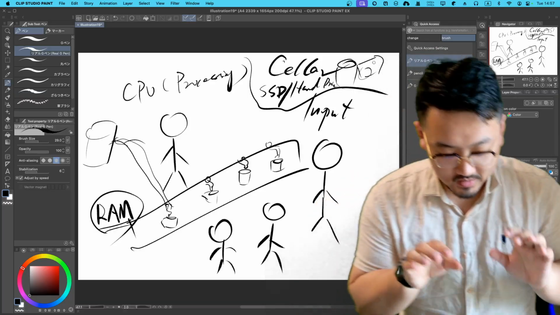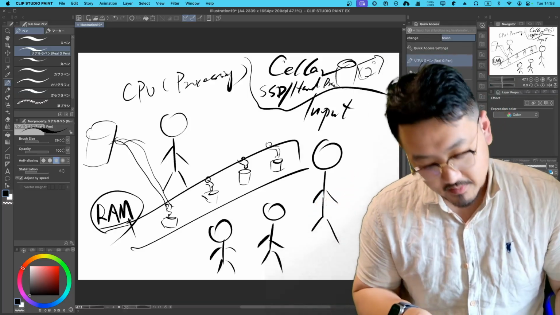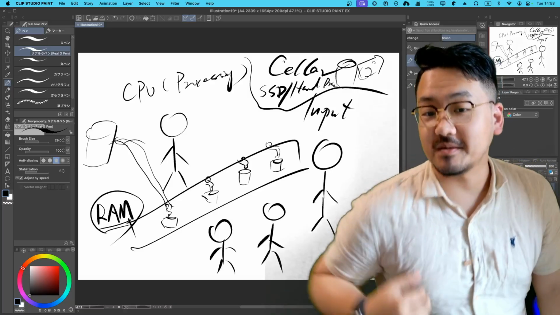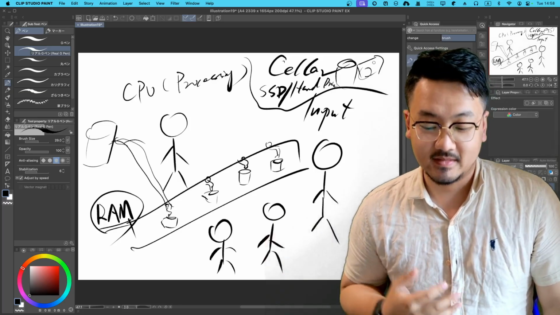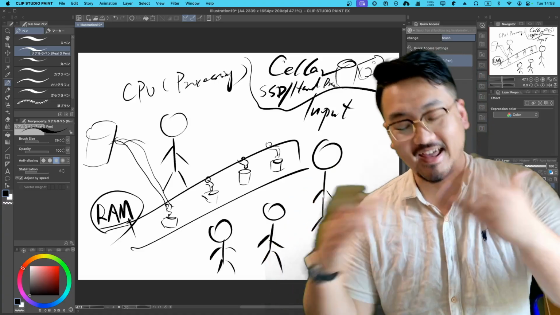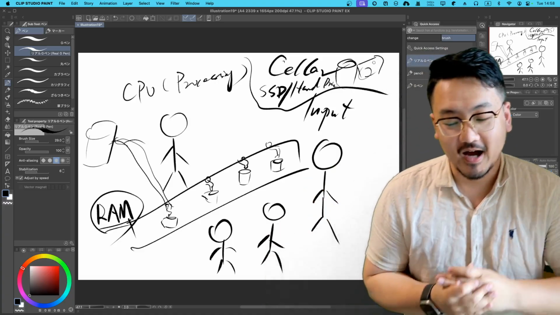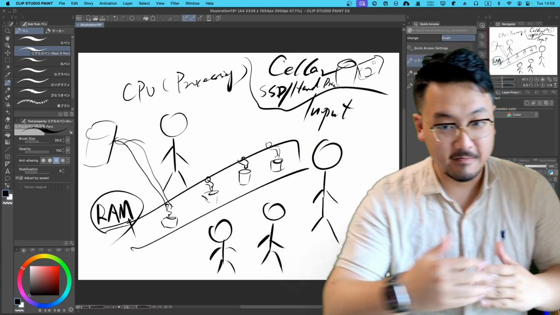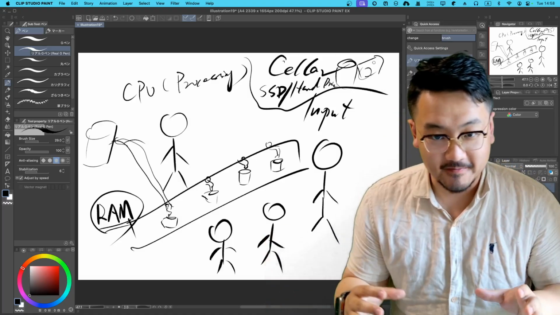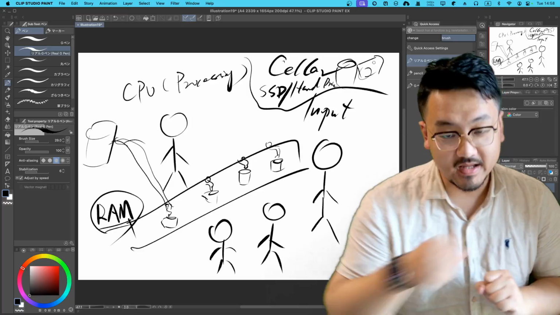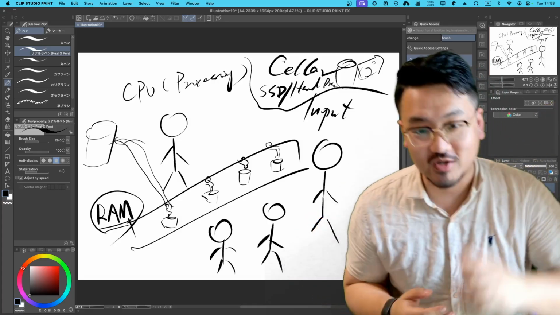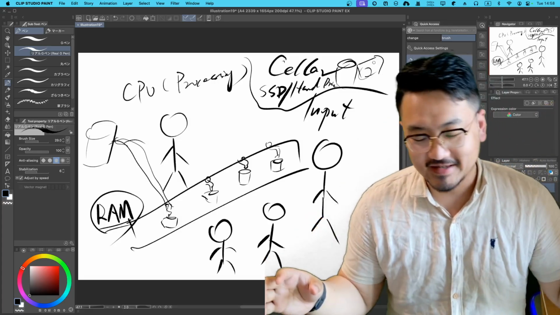So basically, you input using keyboard or mouse, which is equivalent to going to the pub and ordering something. You're the client, and then the CPU, the bartender or the landlord of the pub, will quickly get all these instructions and quickly give you the final product, doing all these mental calculations and receiving money and all that.